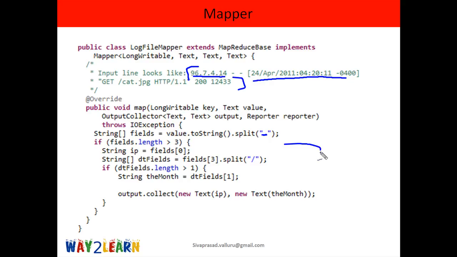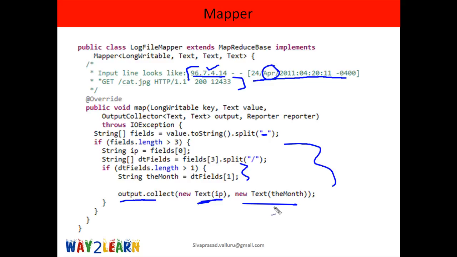Don't worry about this logic. What I am basically doing is emitting the key as the IP and the value as the month, either Jan or Feb or March or Apr, etc. So this is the key-value pair emitted by my mapper.